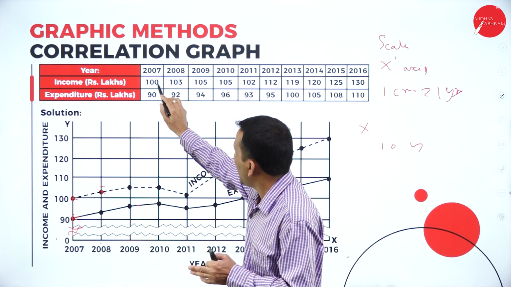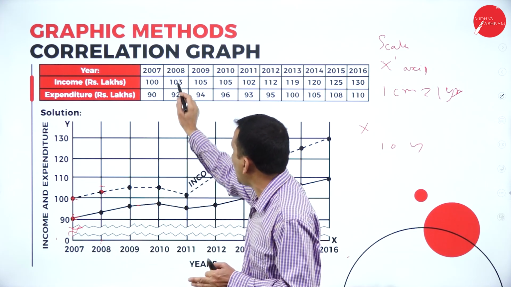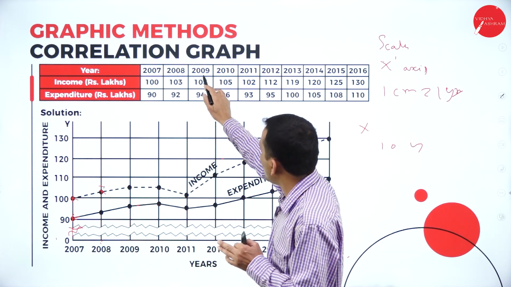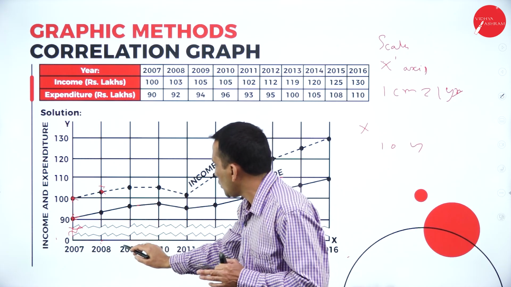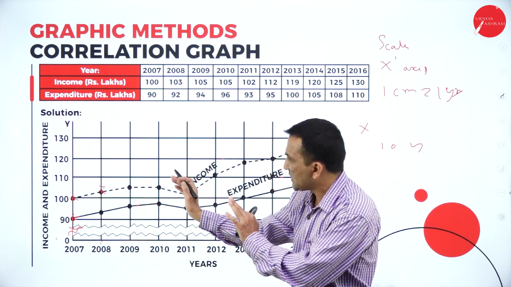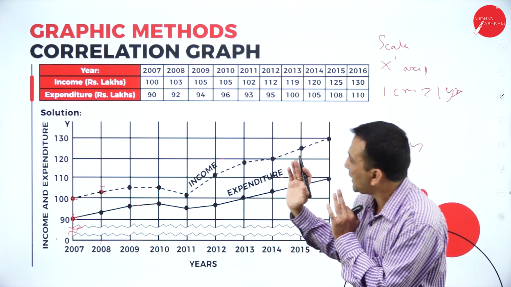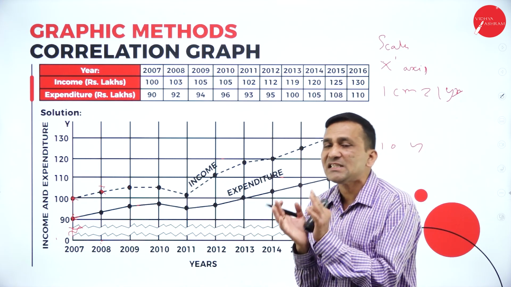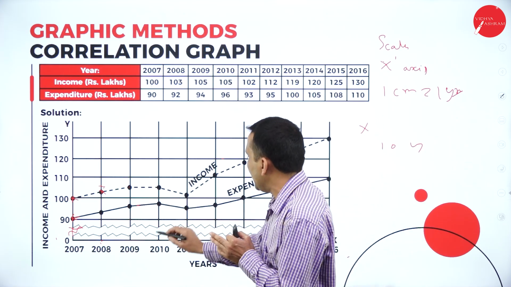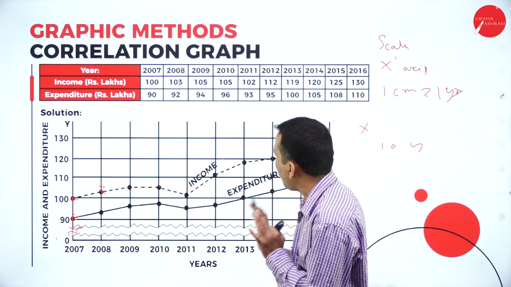The first income is 100, the second year 2008 is 103, and 2009 is 105, exactly in the middle. In 2010 the value is 105, so I marked 105 exactly.